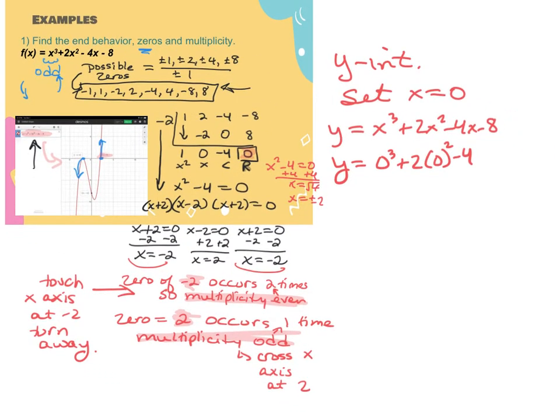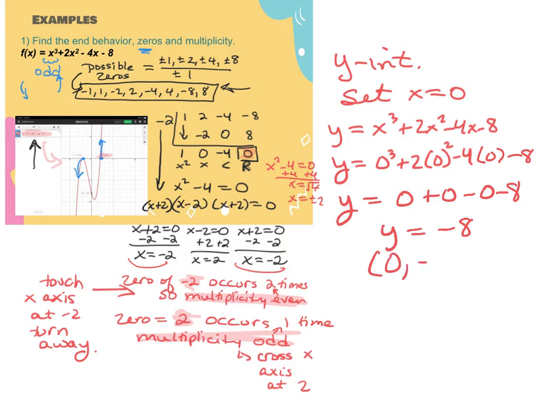But let me show you the math behind it. So y equals 0 plus 0 minus 0 minus 8. So y equals -8. So your y-intercept is (0, -8). So shortcut: the y-intercept is always your constant down here.